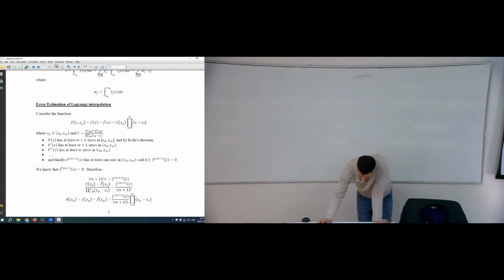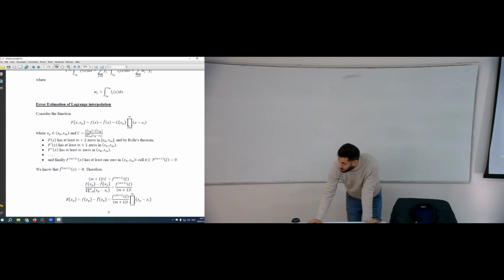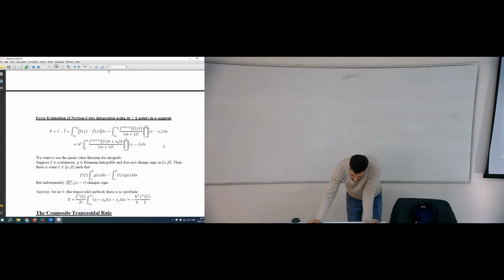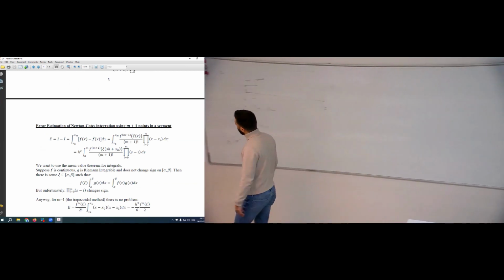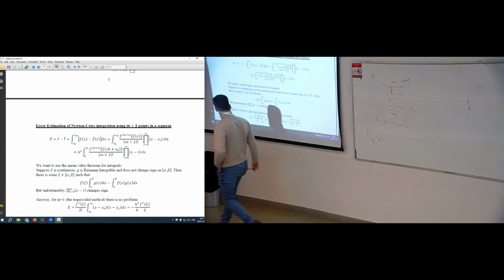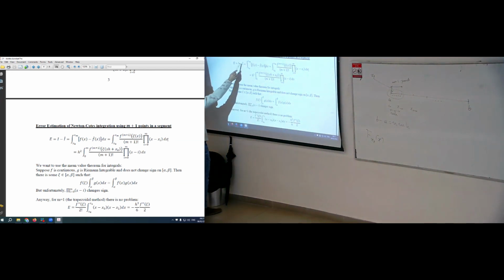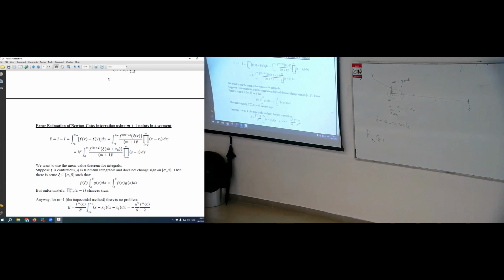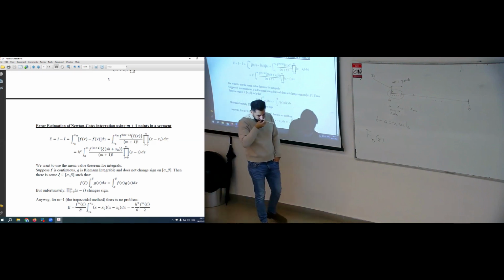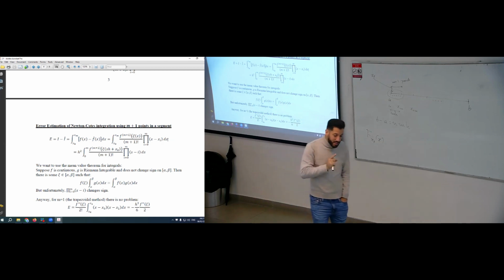And now we will integrate over this. So how can I estimate my error? The error of the integration is I minus I hat, which is the integral over this. And we can prove that this function, psi of x, is continuous, but it is psi of x.